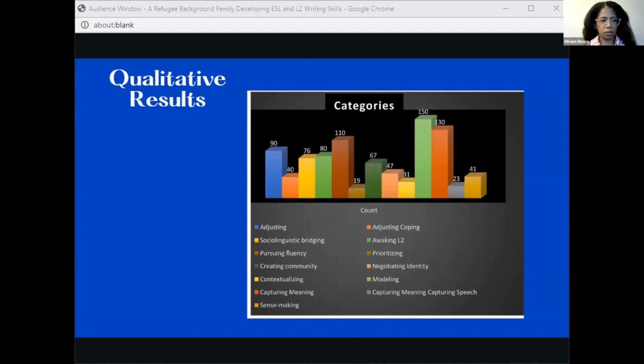And so the results, as I said, collectively, there's a larger story here. What tied these codes together was even more interesting. The data revealed that the key feature of their language development was connected to establishing internal, external, and collective belonging.